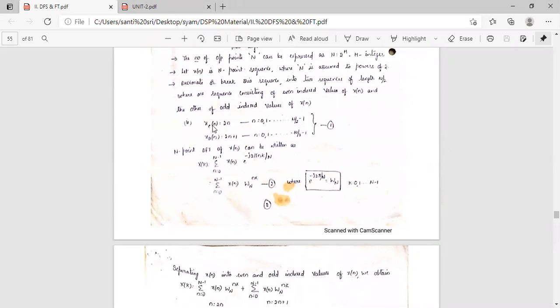So for the even indexed sequence x even of n equal to x of 2n, and for the odd indexed sequence x odd of n equal to x of 2n plus 1.